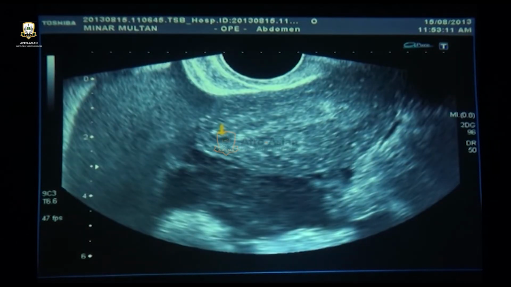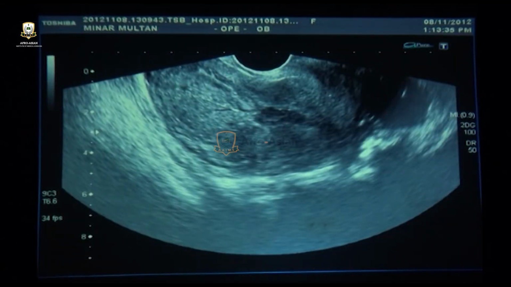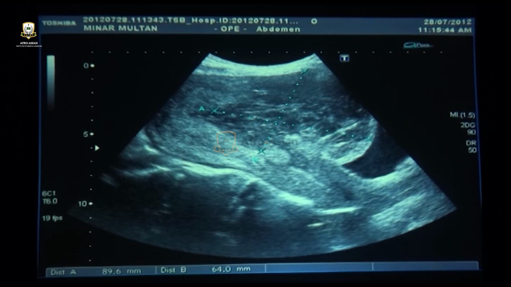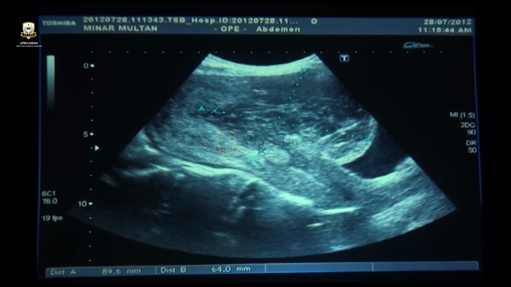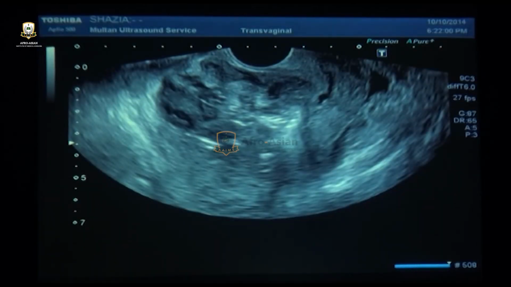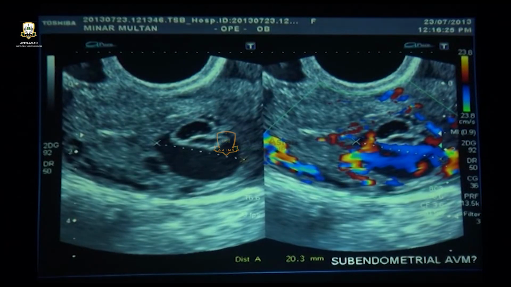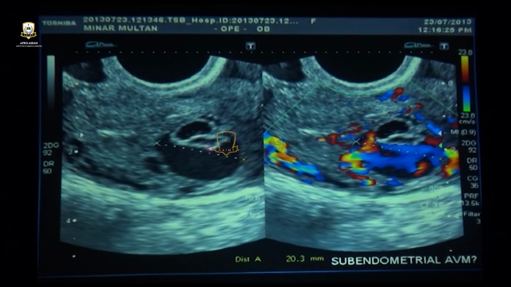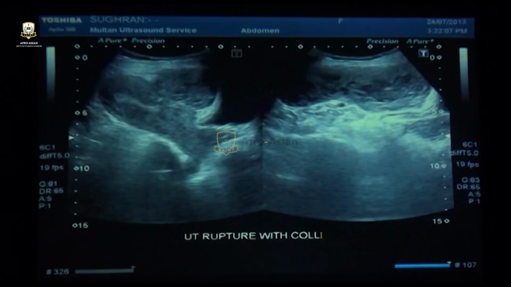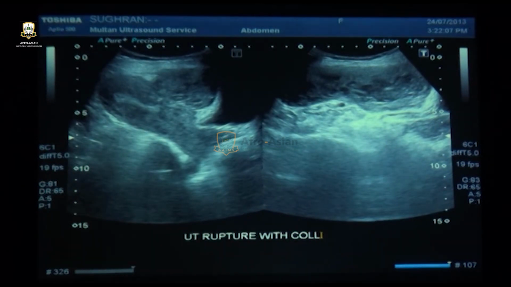Rupture of the uterus. These last few slides have been sent by Dr. Duresadi from Multan. Trauma. There is the increased amount of Doppler blood flow in AV malformation area, subendometrial AV malformation, anterior wall hematoma.